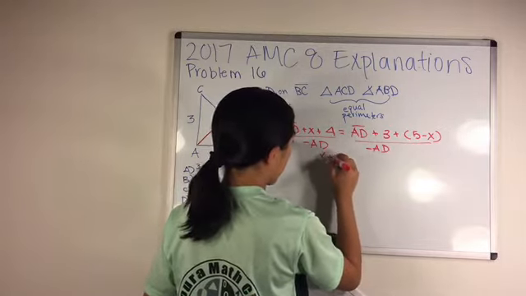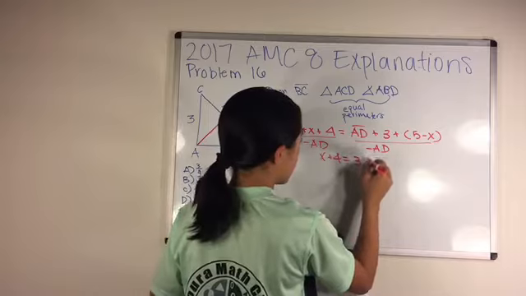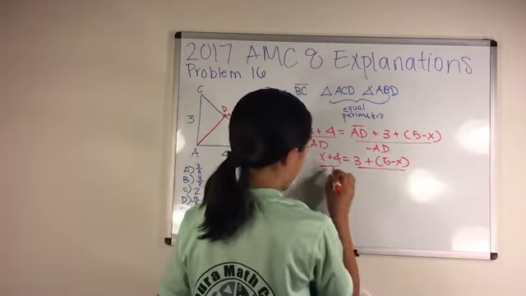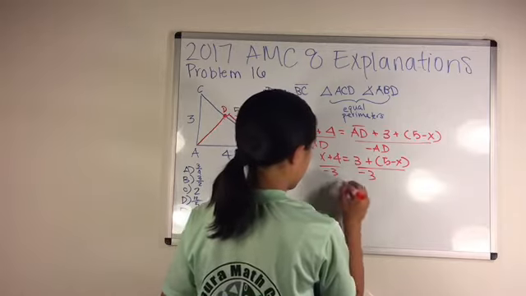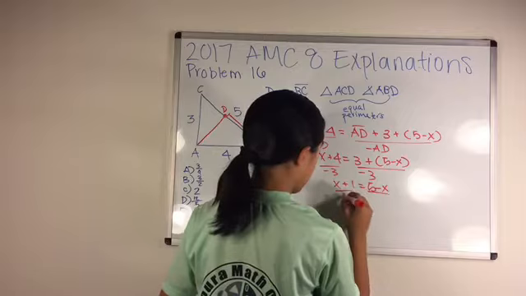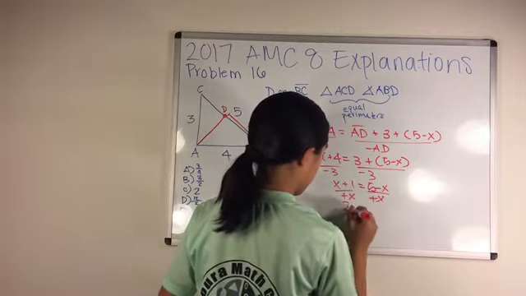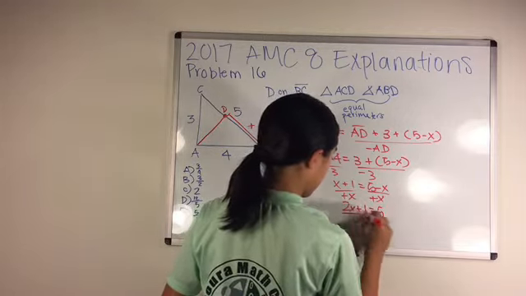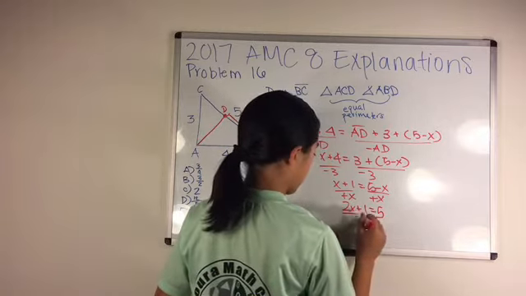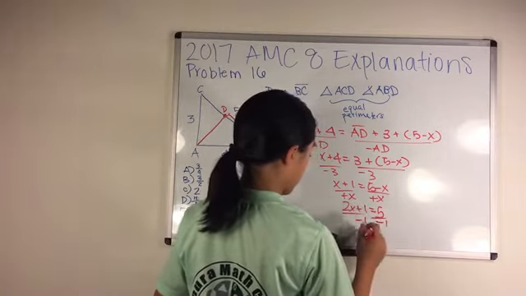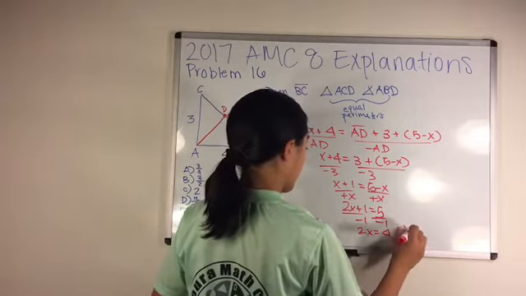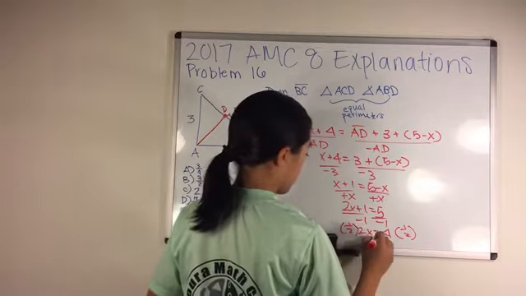Now we have X plus 4 equals 3 plus 5 minus X. And then if we solve for X, we find out that X equals 2.